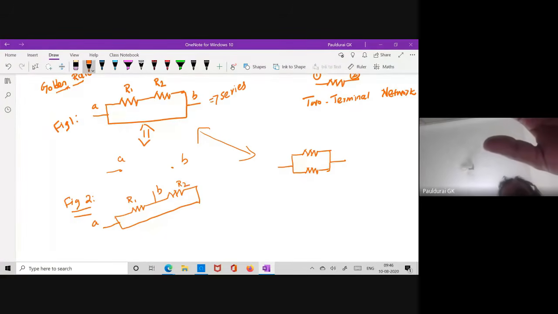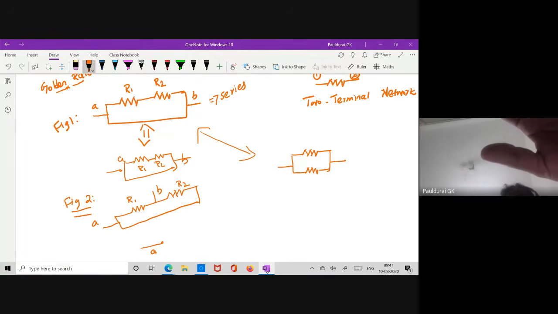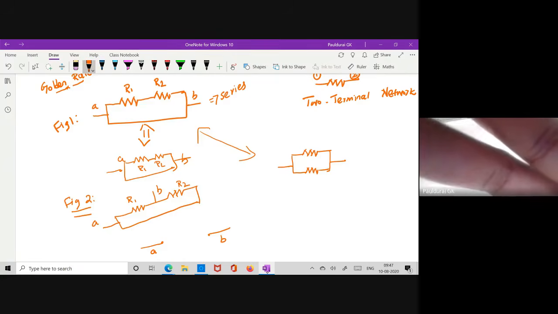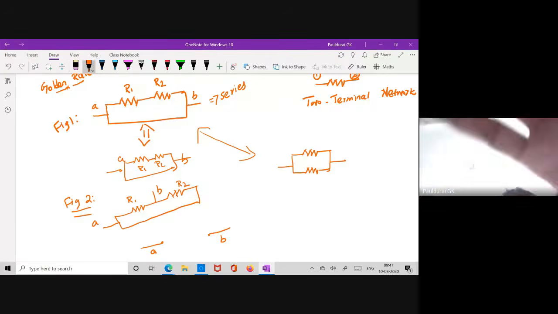Even if you redraw this, it will come out like this. Redraw it and see. Between AB, how is it connected? R1. So this is R1, and this is R2. Again, both are connected in series only. But if you redraw this, take terminal A, here terminal B, where R1 is connected between A and B. Can you realize?